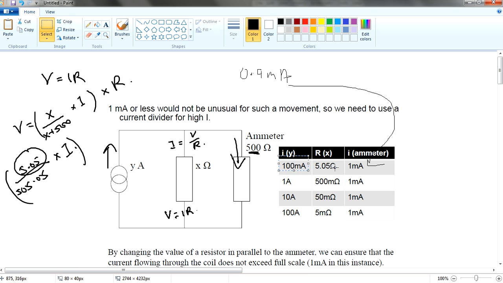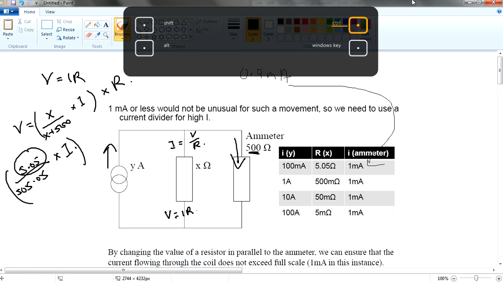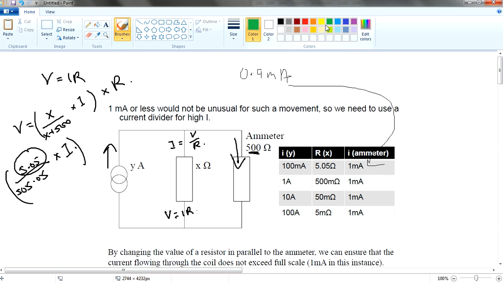If your ampere increases, in this case from milliamp to 10 amp to 100 amp, your resistance is going to decrease.